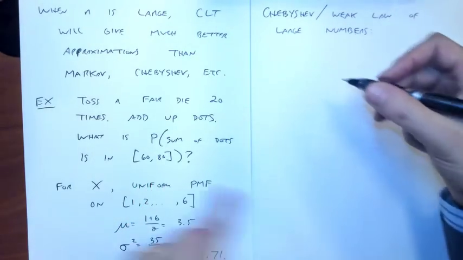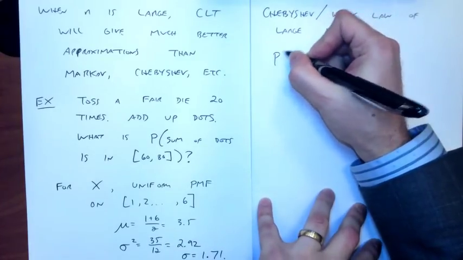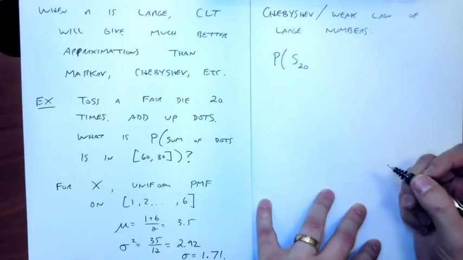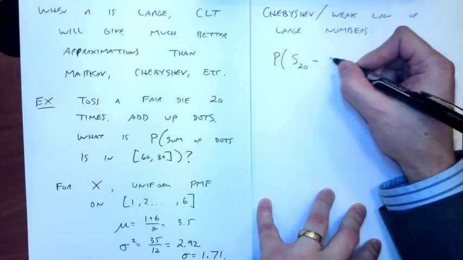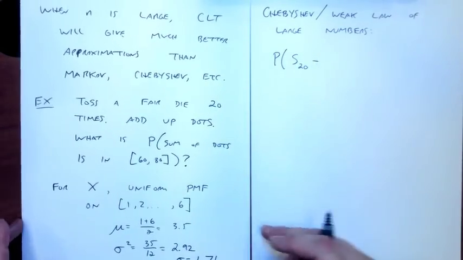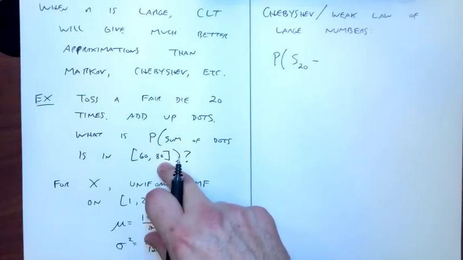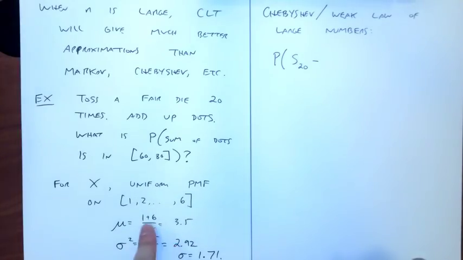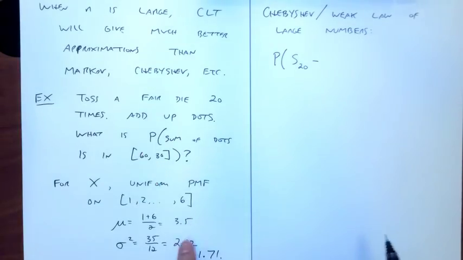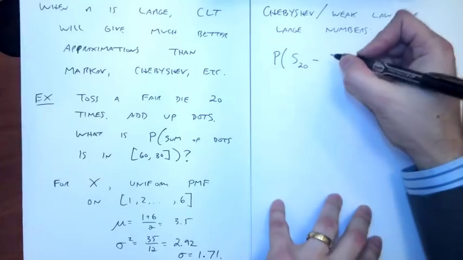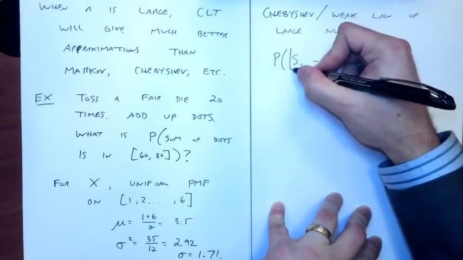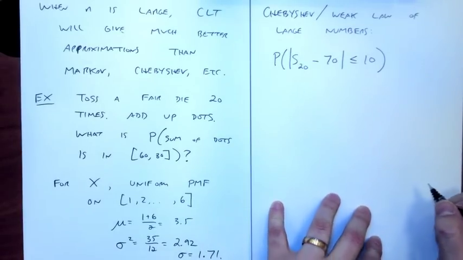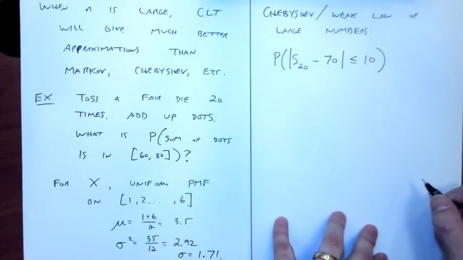This is like saying the probability that the sum of 20 random variables minus 70 (notice that I've always structured this so that the interval is centered around the mean, right? How many do I expect to get? I expect to get 20 times the mean, which is 70) is within 10. So I'm saying the probability that I am within 10 of 70, right? That's the same as this statement here.